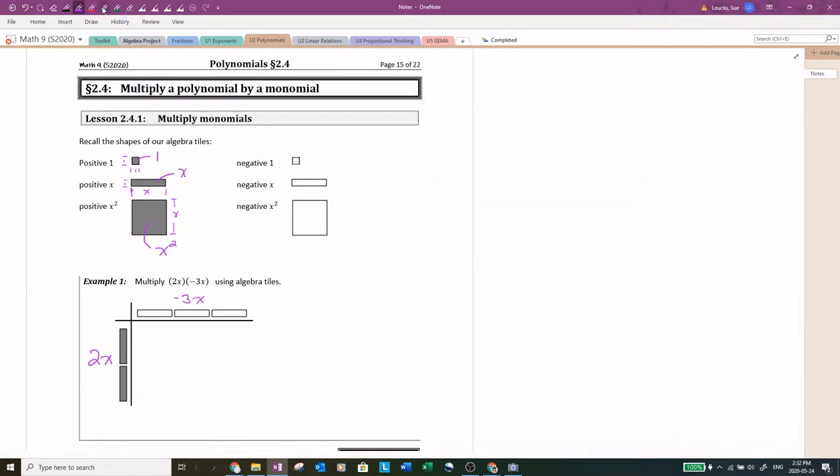The best way I've found to describe how you know what's going to go is that there's a line that's going to come down here, a line that's going to come down here, and a line that's going to come down here, and a line that's going to go across here, and a line that's going to go across here. Now you want to fill those spaces with what fits.